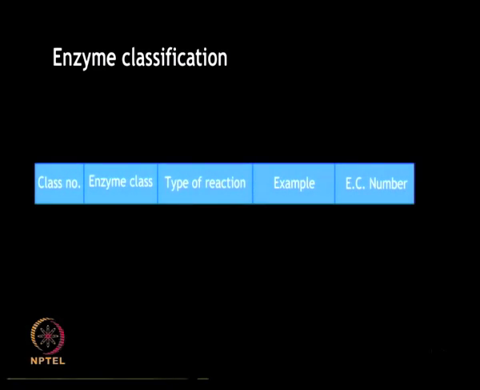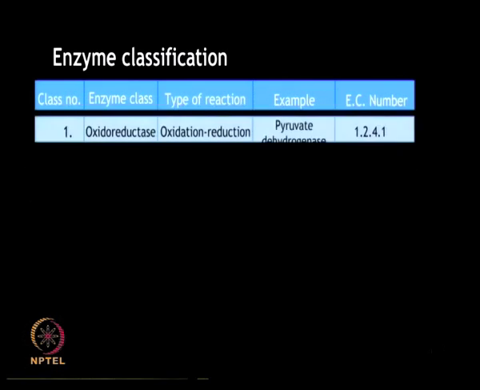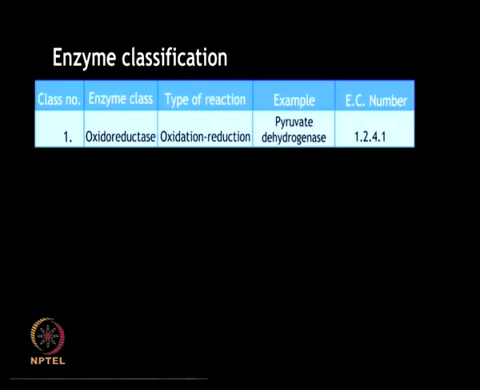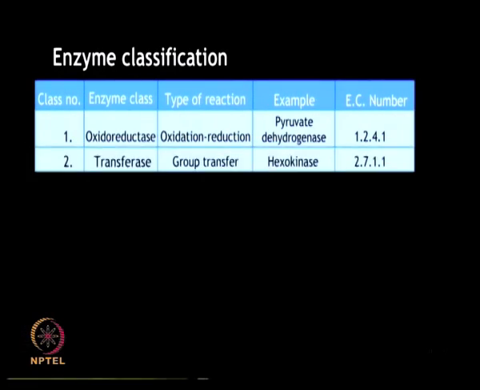Enzymes are classified on the basis of the reactions that they catalyze. Most enzymes are named by adding the suffix -ase either to their substrate or the type of activity they carry out. However, as more enzymes came to be known, it became increasingly difficult to name them in this manner.